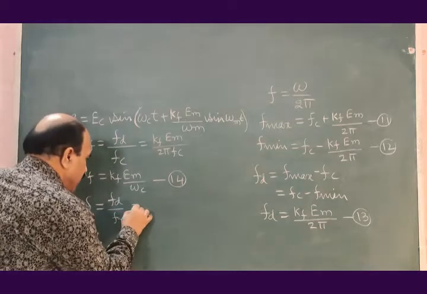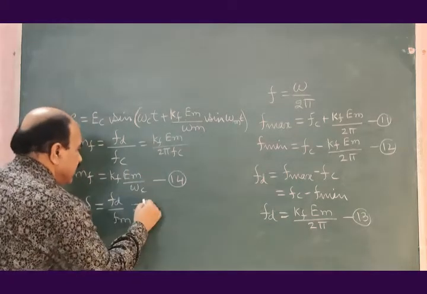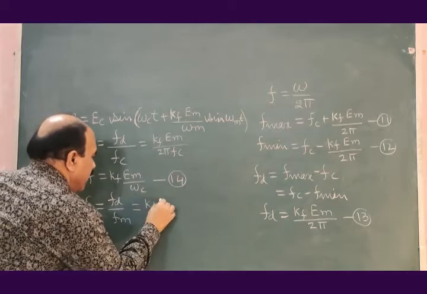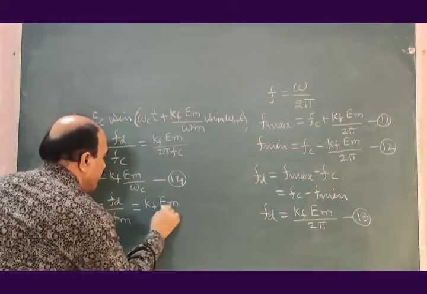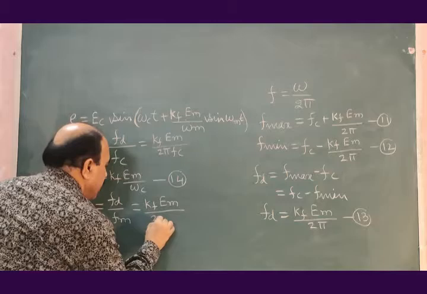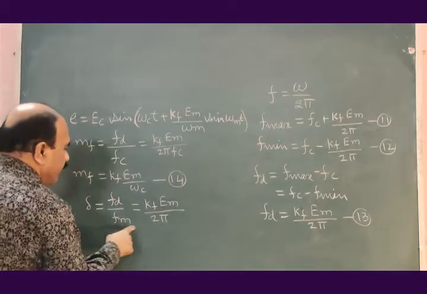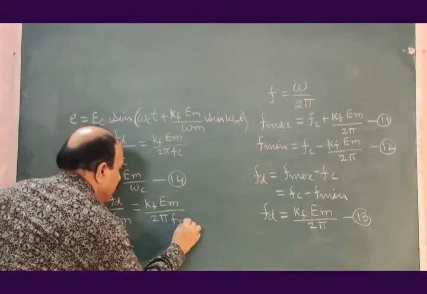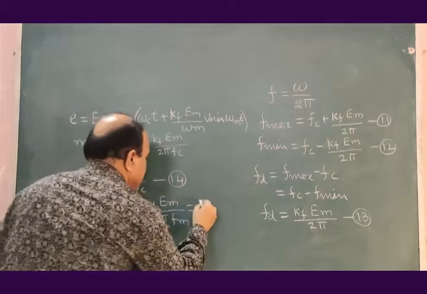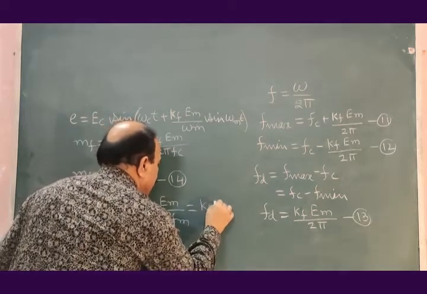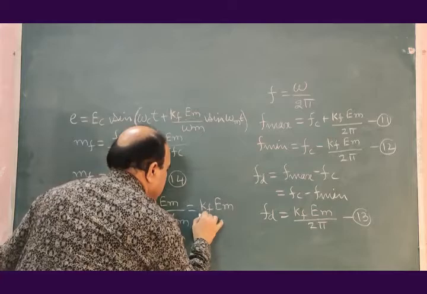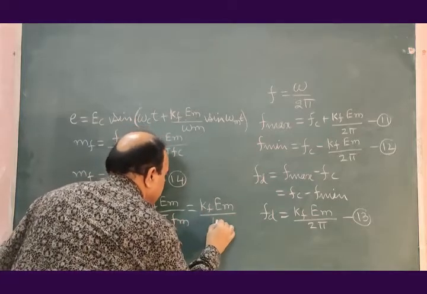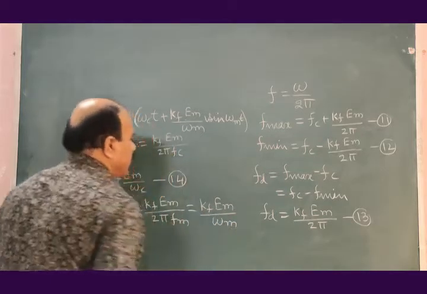This is equal to, what is fd? It is kf em divided by 2 pi. Put this fm here. So this is kf em divided by omega m.